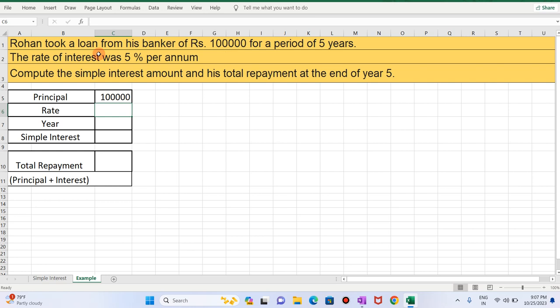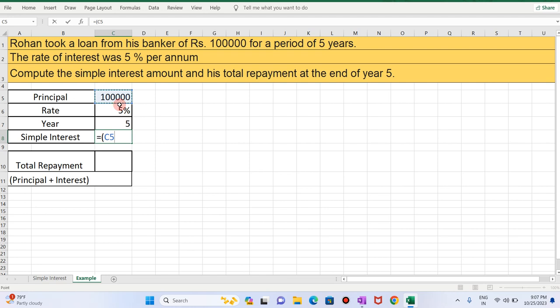Now at what rate has he taken the loan? At 5%. Now for how many years has he taken it? 5 years. Now what is his simple interest? Equals to bracket, select principal, that is 1 lakh, click on the amount value.